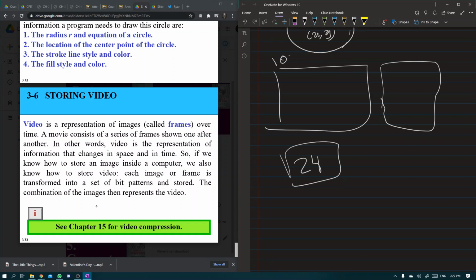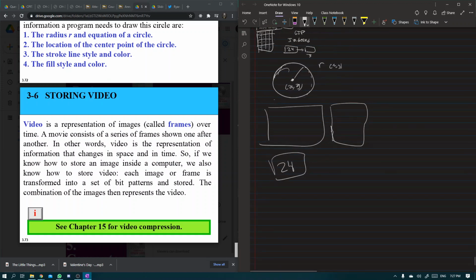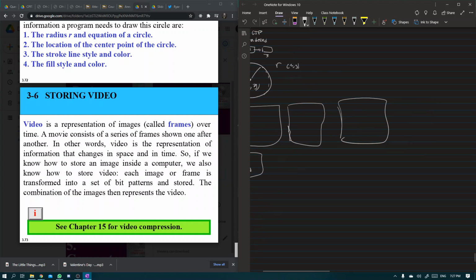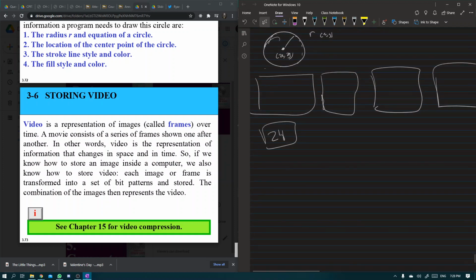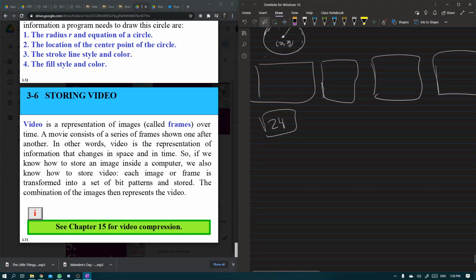So in the beginning they have a bunch of images called frames. Now instead of storing every single frame, they compress it. They take a few keyframes, and for the frames in between, they only store the changes between each frame.